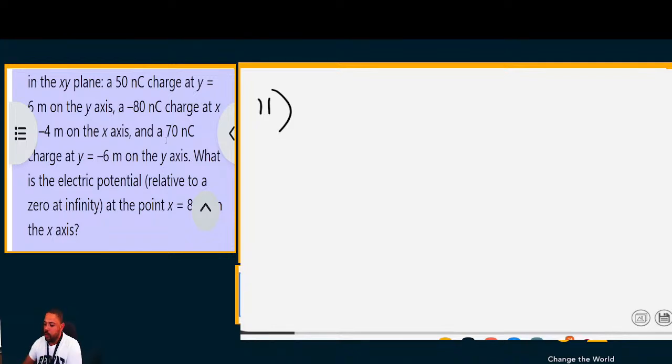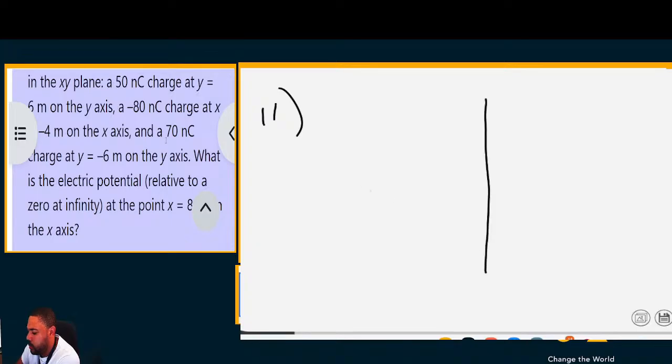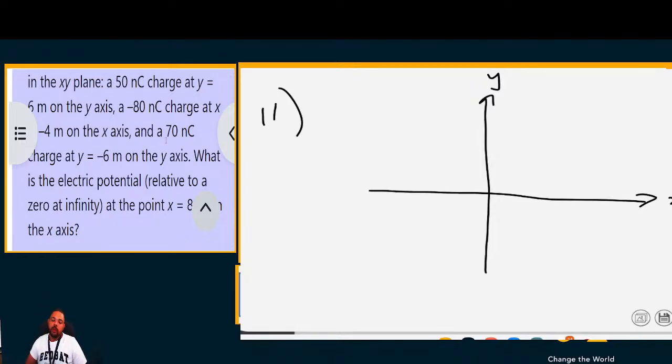Okay, so let's draw the XY plane. So this is the XY plane. We normally have Y and then X, so that's the XY plane. They tell us there's a 50 nanocoulomb charge at y equal to 6 meters on the Y axis. This is the Y axis, at 6 meters.